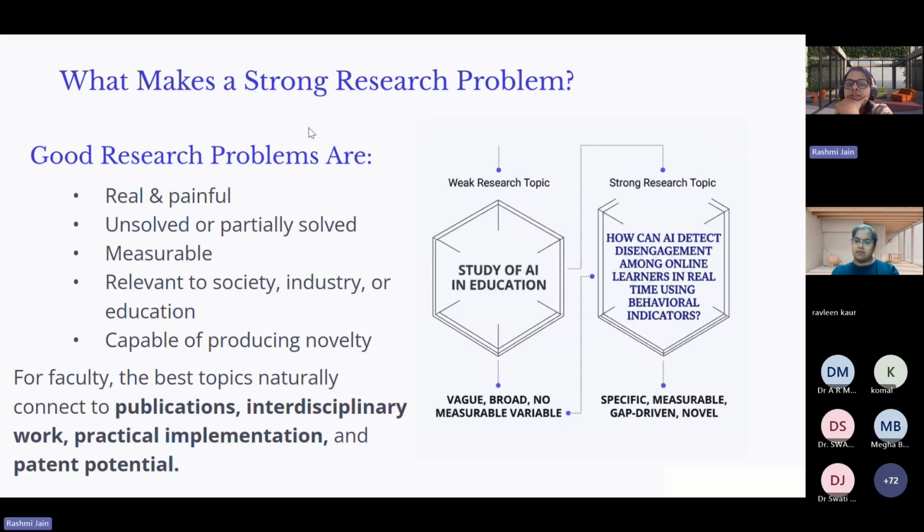Here you have very specifically said that you are talking about online learners, so your target audience is identified. You're also showing how, using behavioral indicators, and you're backing it up with disengagement.